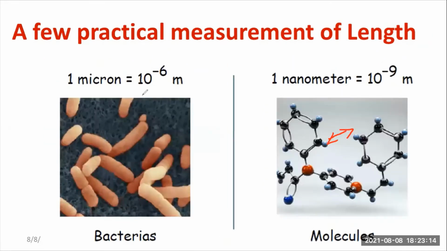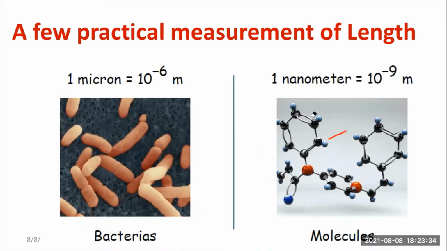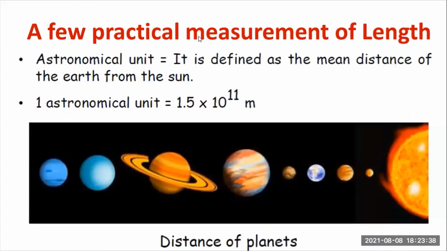Similarly, if I talk about the size of bacteria, you can explain with 1 micron, which is equal to 10 to the power minus 6 meter. 1 nanometer is equal to 10 to the power minus 9 meter. This is concerning molecules. If you want to study in depth about bacteria, molecules, etc., this dimension will really help you out.